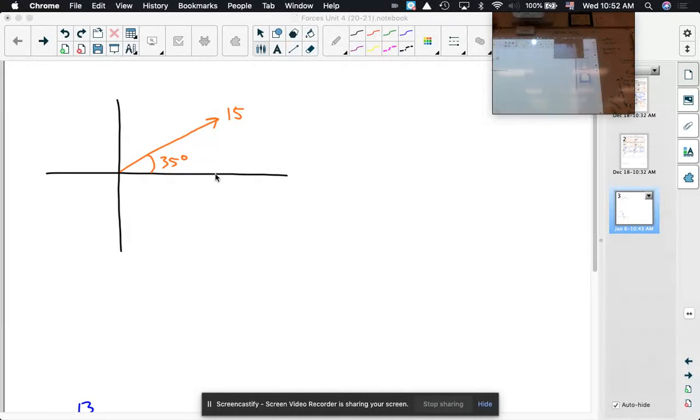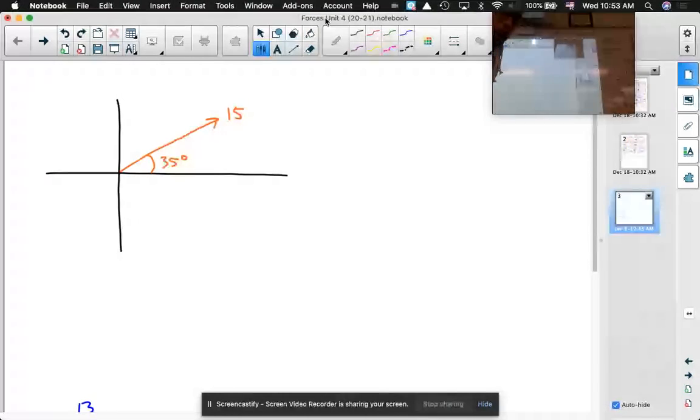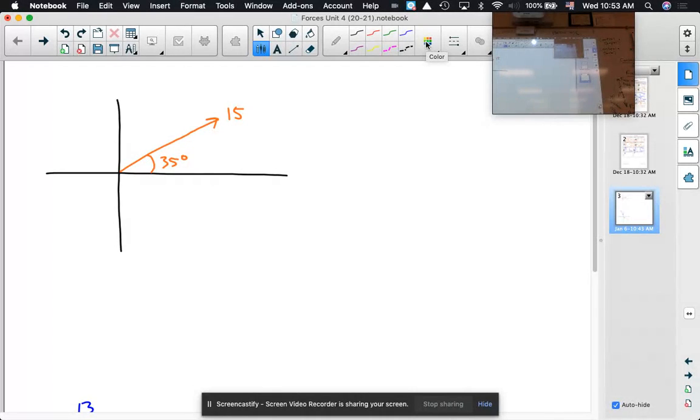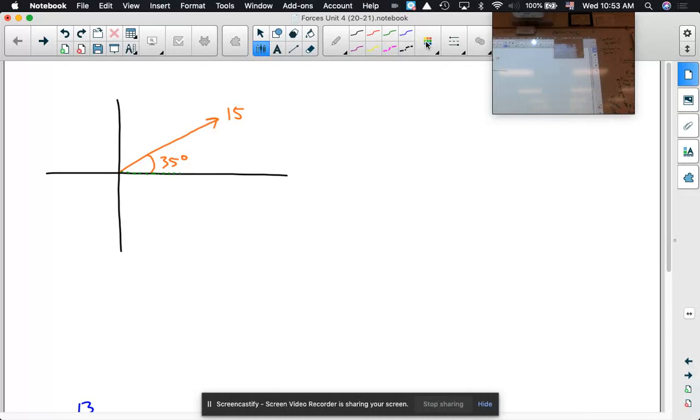So I've got to click on the screen. Oh, whoa. Okay. So let's go with green here. There is a certain portion of this vector that is in the horizontal.